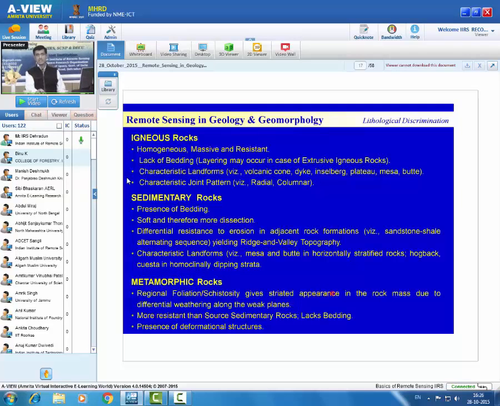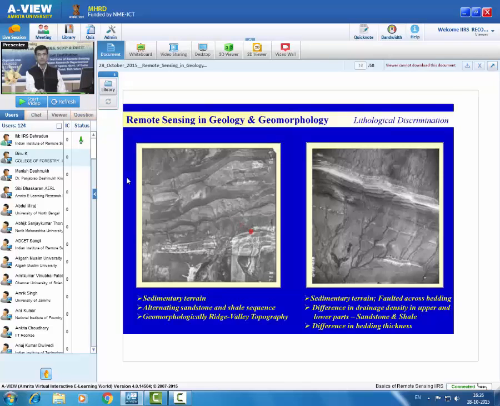Based on this striated appearance and some deformation structures, you can interpret metamorphic rocks very nicely. Metamorphic rocks are more resistant than sedimentary rocks. They lack bedding, and as I already told you, the deformation structure helps us understand that this is a deformation terrain. It's a metamorphic terrain. So based on that, you can interpret that perhaps this is a metamorphic rock.